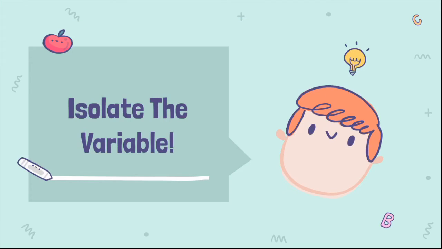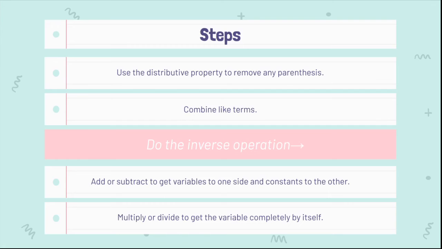In order to get our x by itself, or any variable by itself, the technique used behind it is called isolating the variable. Let's look at the general outline of the steps. First, you would use the distributive property to remove any parentheses. Then, you would combine like terms.